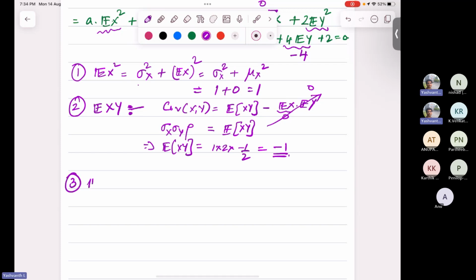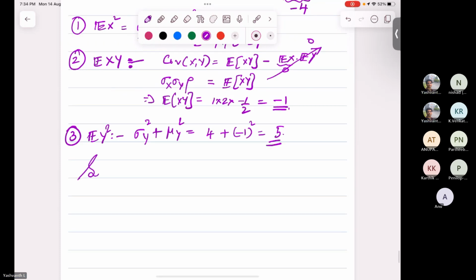The third one is expectation of y square. Similar to the first one, it is sigma y square plus mu y square, which is 4 plus minus 1 square, which is 5. Now substitute all these values in the above equation.